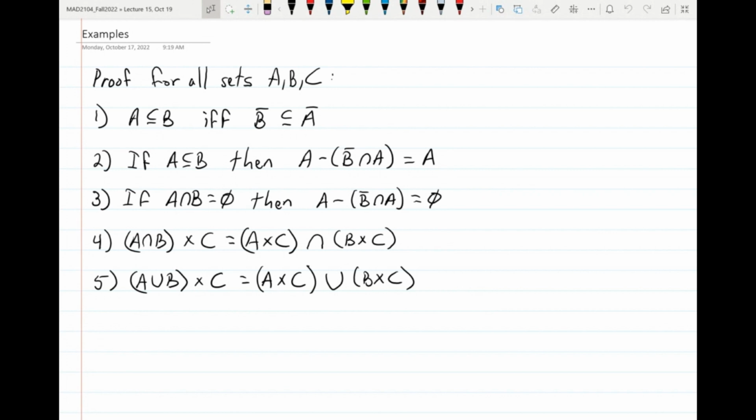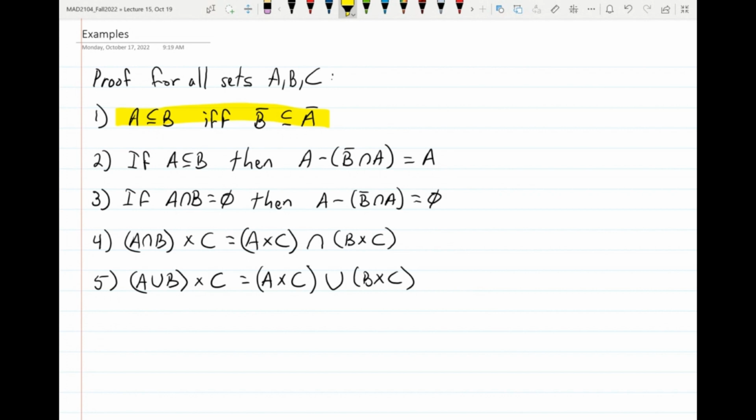For example, in this list, we want to do number one. And this is a statement at the level of sets, right? So A is a subset of B if and only if B complement is a subset of A complement. Trying to make this analogy that I just told you, what do you think this corresponds to in the logic setting?